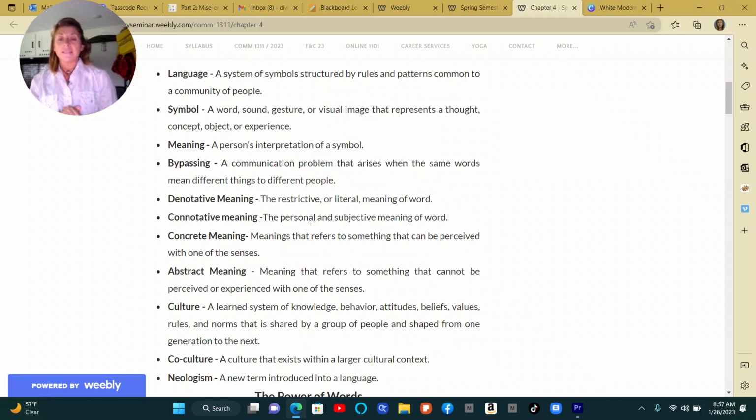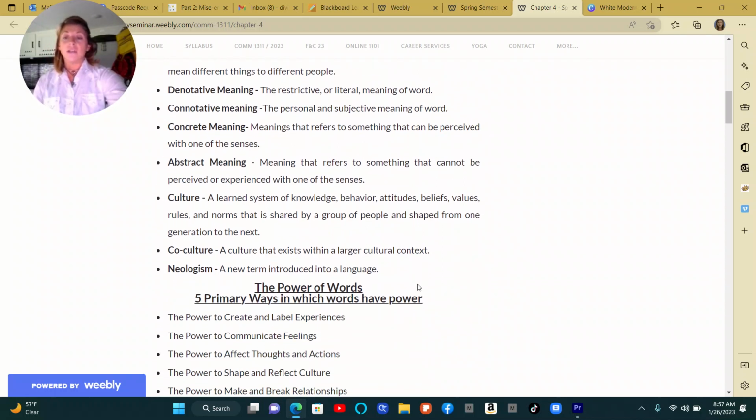Co-culture is a culture that exists within a larger cultural context. And then neologism is a new term that's been introduced into a language, right? So when you see that word, think new, right?